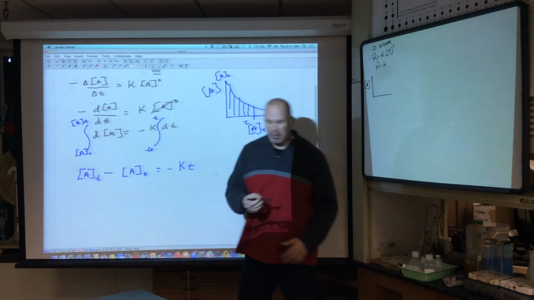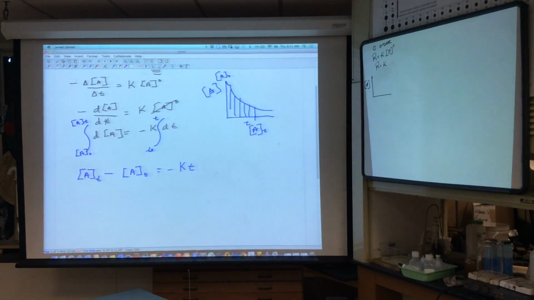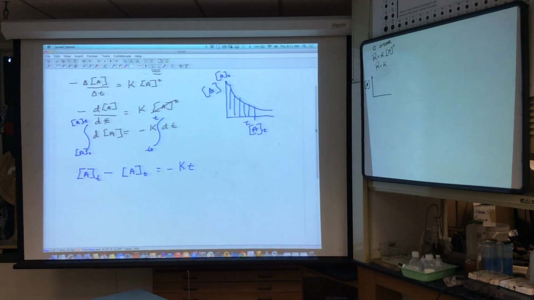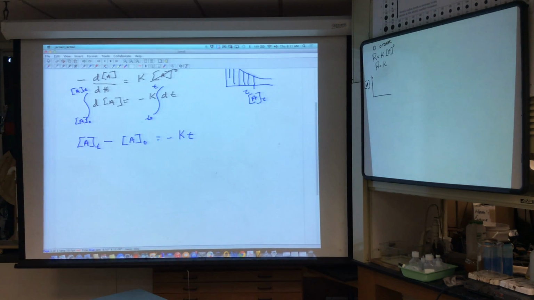Now, what's really amazing, I think, is that you can rearrange this one more time. Watch what I do here. I'm going to take this expression here and put it on the other side. So what I get is A of t, that means a concentration of A at some time period, whatever we want to decide it might be, is equal to negative kt, that's the rate law constant, times some time period, plus the concentration of A initial.